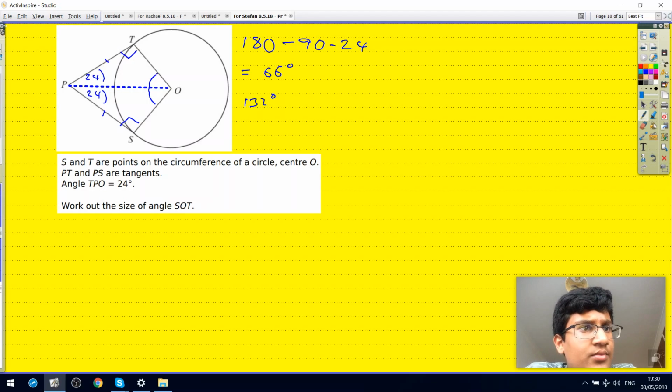That big angle SOT was 132. And this one over here was 48. So what's the connection between 48 and 132? They're in this quadrilateral. You add them together to get 180.